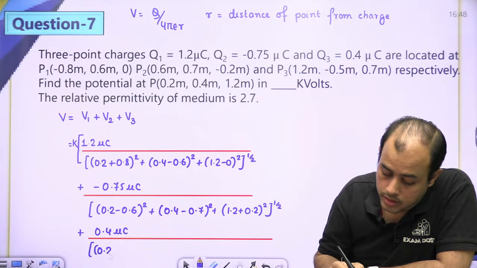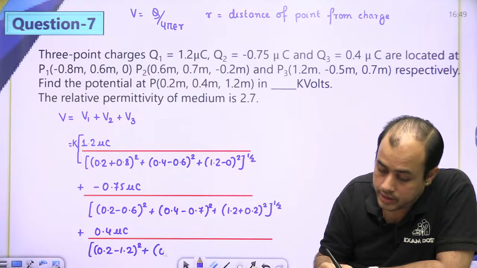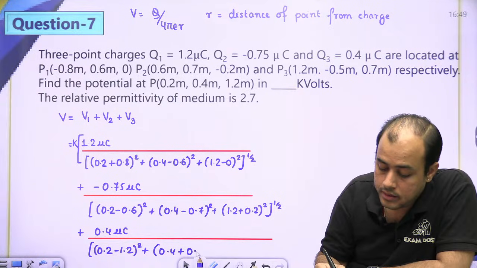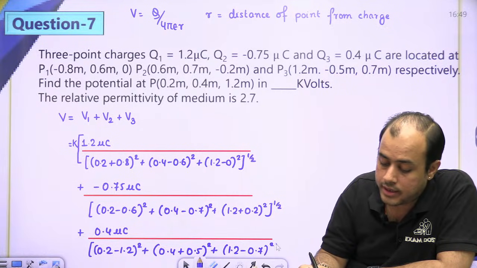Again, 0.2. I am subtracting the coordinates of the charge from the coordinates of the point where I need the potential. I am subtracting the charge's coordinates from the point where potential is to be found.